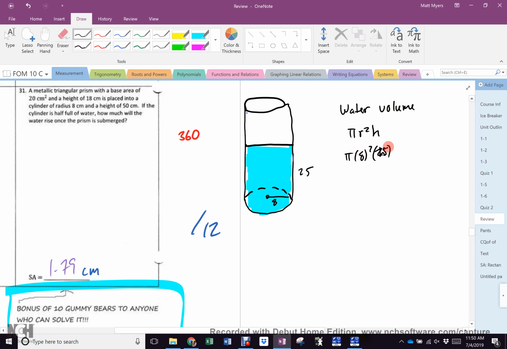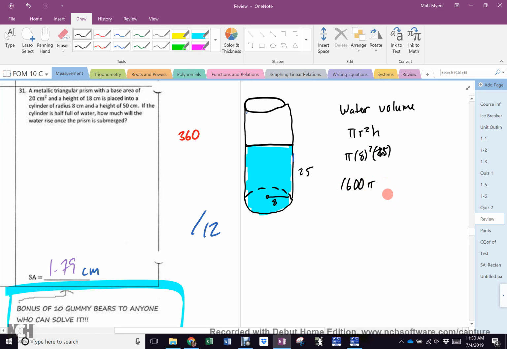Right? Everyone agrees? So 64 times 25 is, I could do that in my head, but it is going to take too long. We are running short on time. 1,600 pi. Everybody agree? That's the water right now.